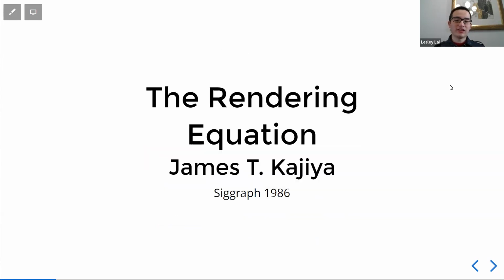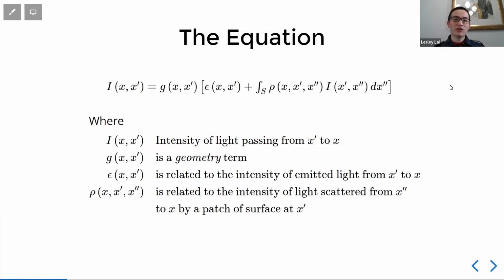Today's topic is James Kajiya's famous paper, the rendering equation, which of course introduced the rendering equation. So what is the rendering equation? You can say it's a function where we want to calculate the intensity of light.